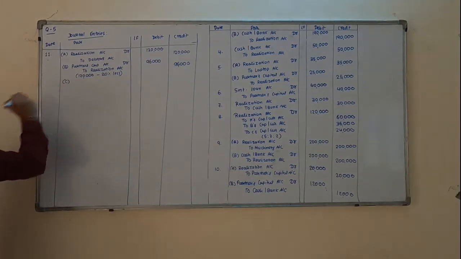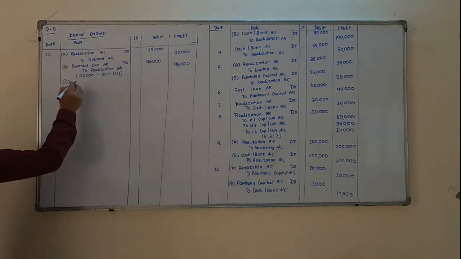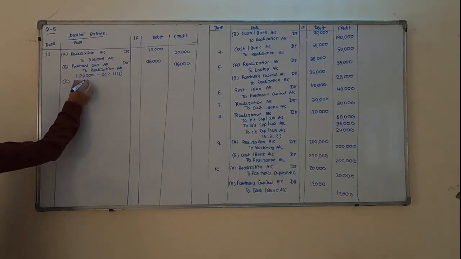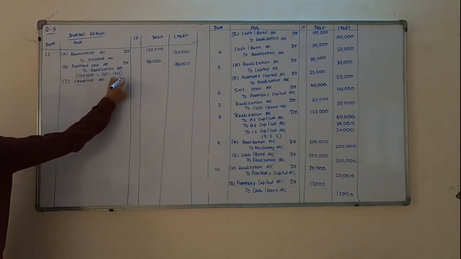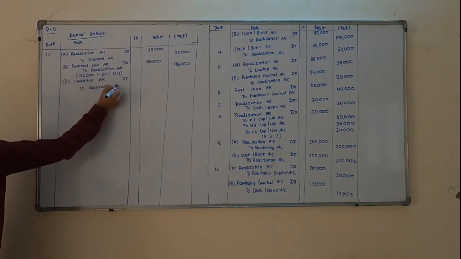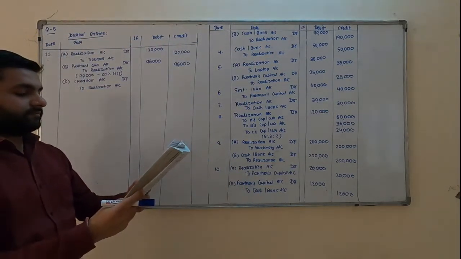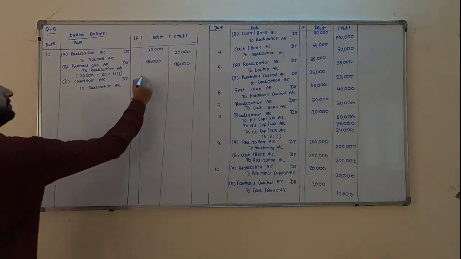Okay. Now entry C is to close the creditors. Creditors is a liability. To close it, we should debit the creditors. So creditors account debit to realization account. Now creditors are rupees 60,000.